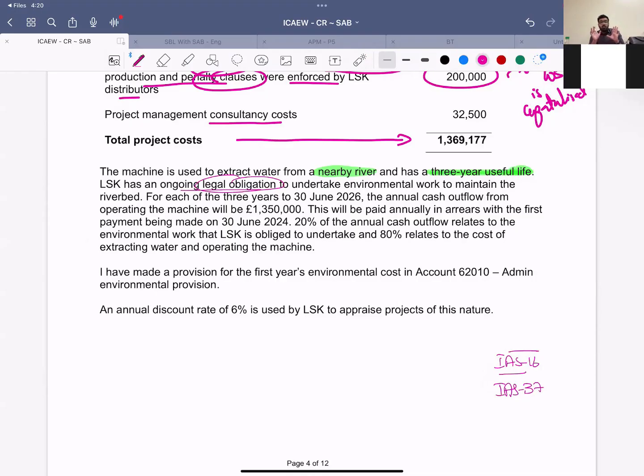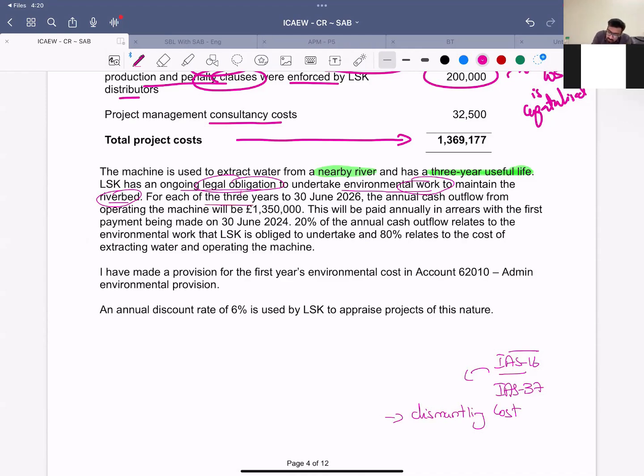We don't have the requirement-wise analysis, right? Then, to undertake environmental work to maintain the river, I believe this is a dismantling cost. In IAS 16, we have learned dismantling cost.